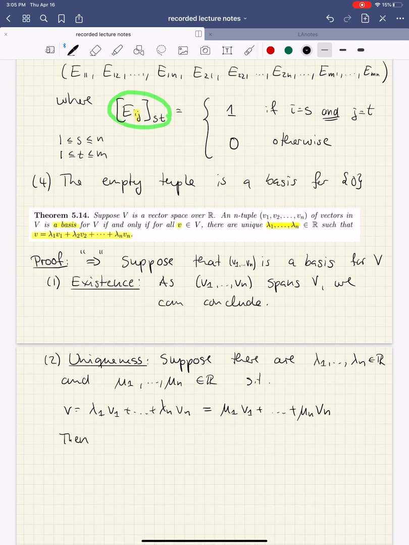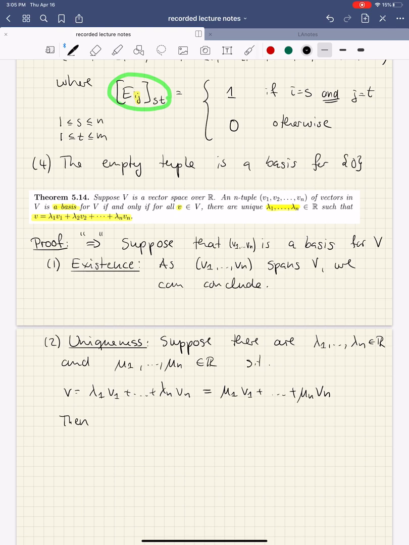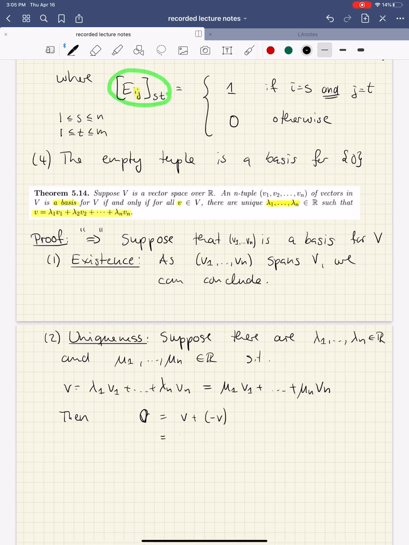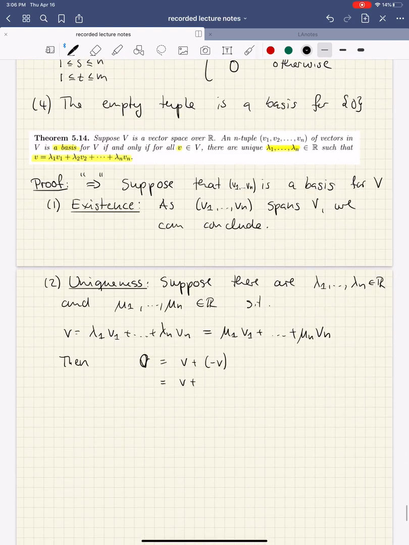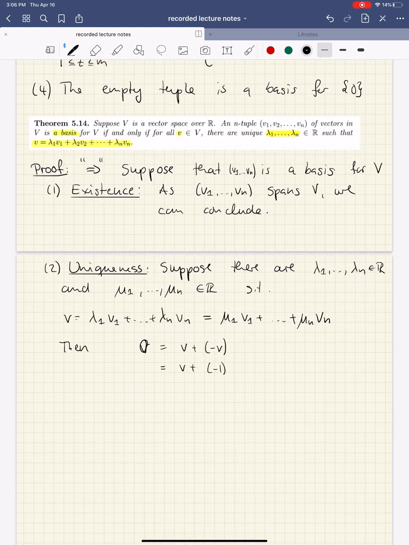Okay, great. Now we want to do the following. Then we have that 0 is equal to v plus minus v, which is equal to v plus minus 1 times v.